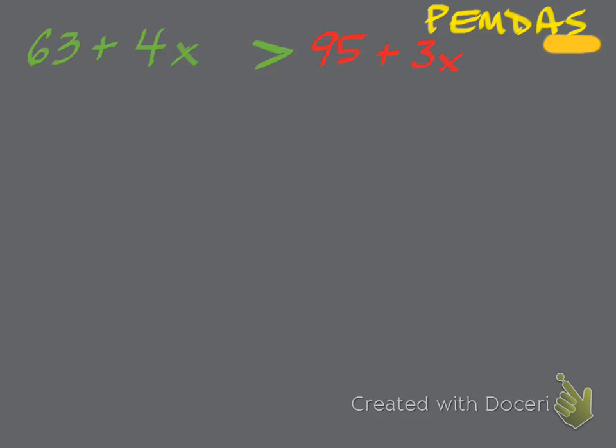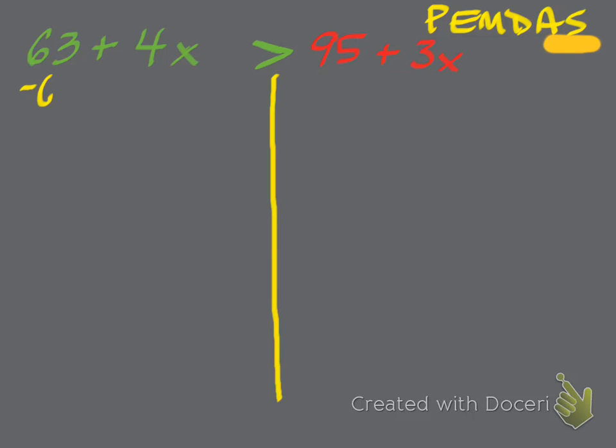Let's deal with the 63 or the 95. We're going to do that by subtracting either 63 from both sides or 95 from both sides. Remember, both sides, thinking about this imaginary line on either side of that inequality. We're going to subtract either one because they're both positive, a positive 63 and a positive 95.